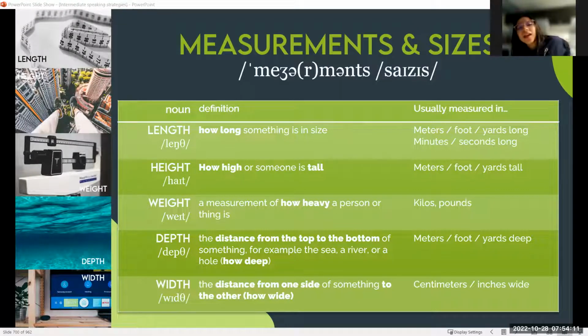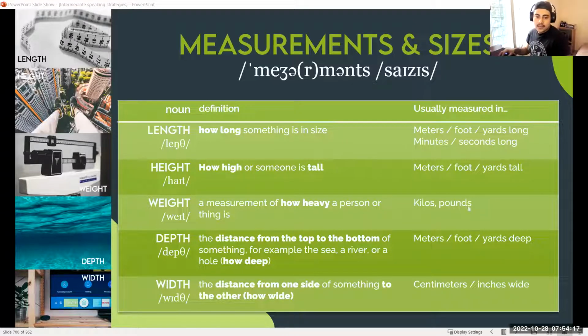Can you remind me what the meaning of the bottom is? The bottom, okay, the top and the bottom. Let's imagine a glass of water. If you have ice, it's going to float on the top.